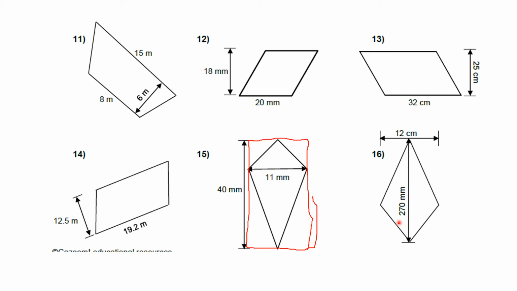On 16, it would be the same thing, but you need to be careful because as you can see here, the units are different. This one's 12 centimetres, and this one here is 270 millimetres. So to work this out, you need to first put them into the same format. You either need to write this one as millimetres, or you need to write this one as centimetres.